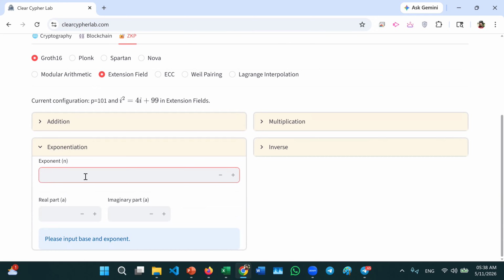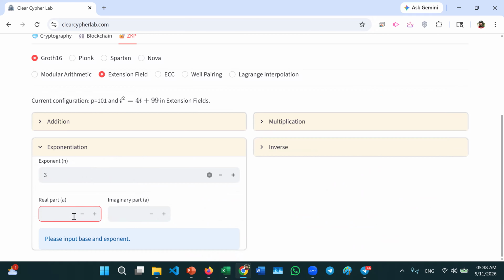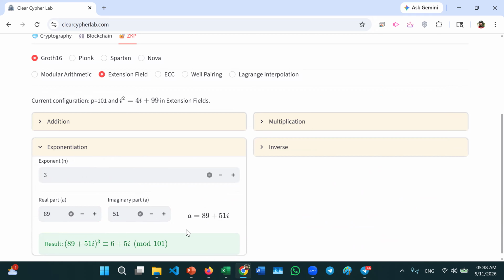So the exponentiation is 3, and then the value of x equals 89 and 51. 89 and 51. And if you compute these values, it will be equal to 6 plus 5i, right?